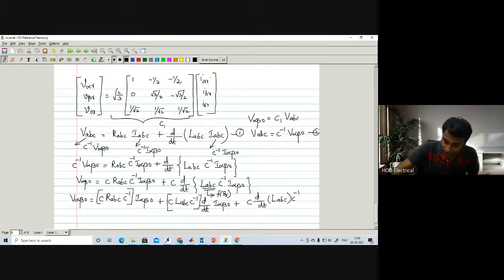This we are differentiating with respect to time. Therefore, it has the theta variable also.